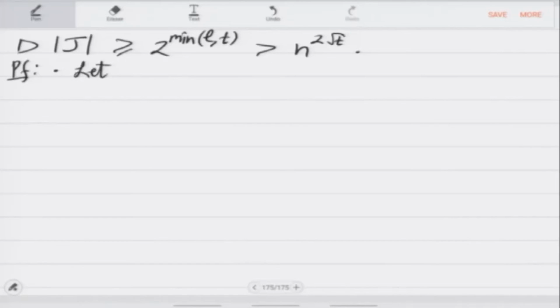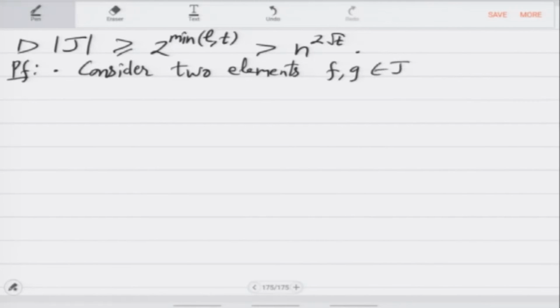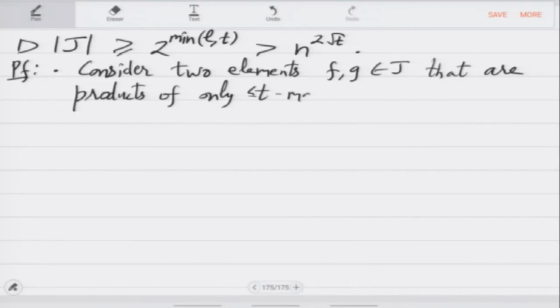Formally, what you do is consider two elements f, g in J that are products of only T many x plus a's.